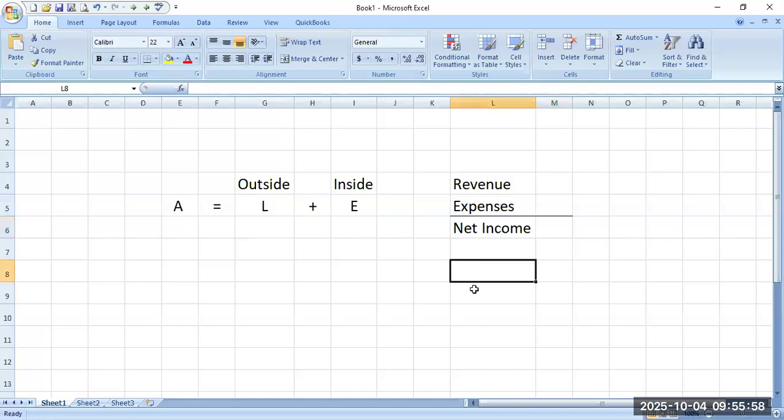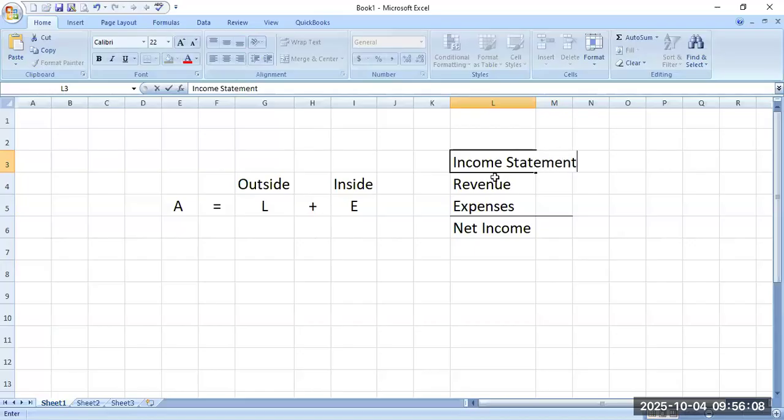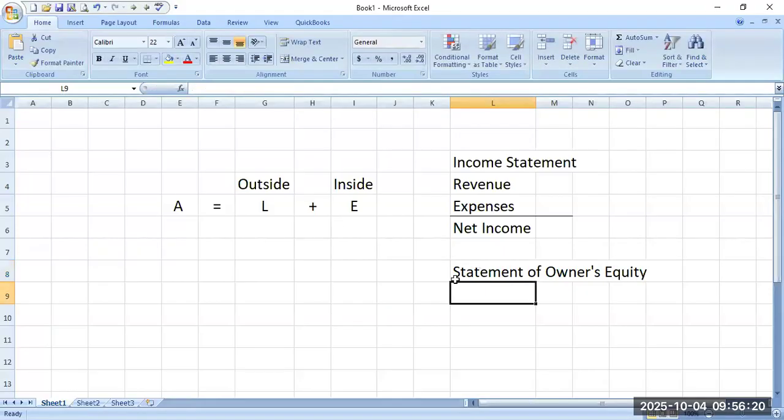Now, obviously, the income is going to increase the shareholders' equity. So that's why the first statement that you said was the income statement. Second statement is the statement of owner's equity. And that statement of owner's equity is very simple. It starts with the beginning balance. Then we're going to add the net income, if there's a net income in the company.